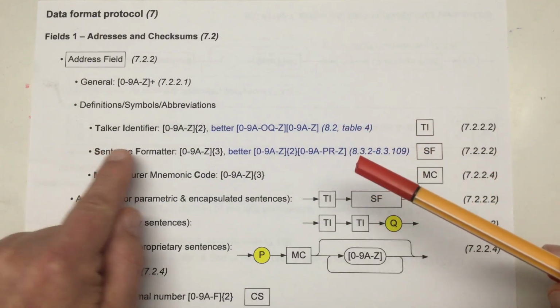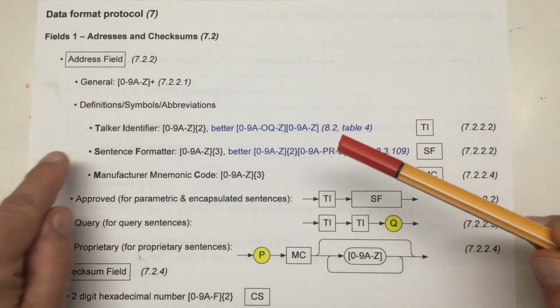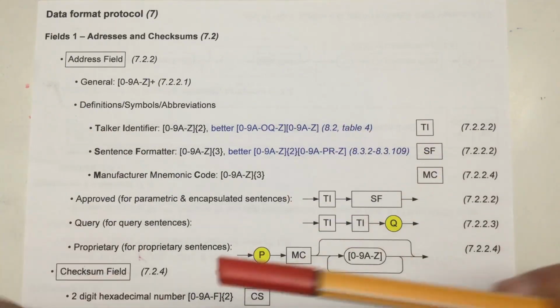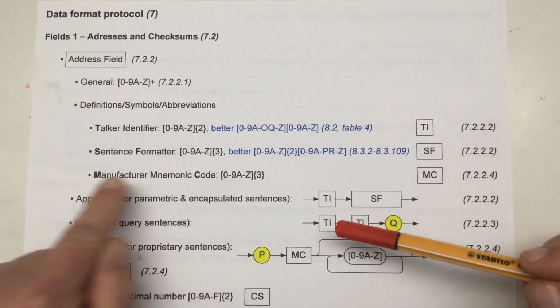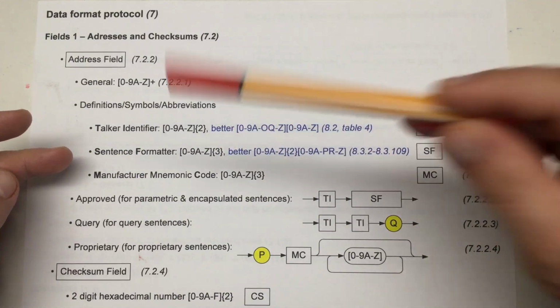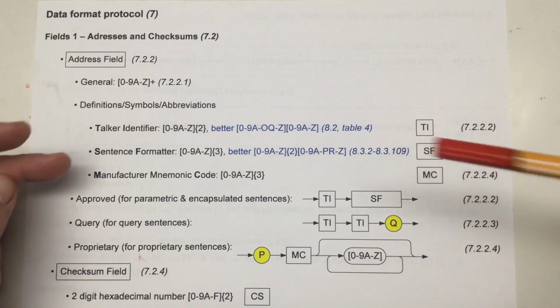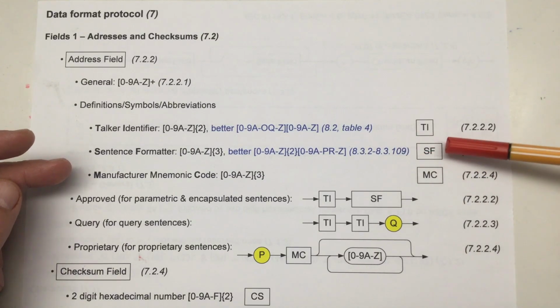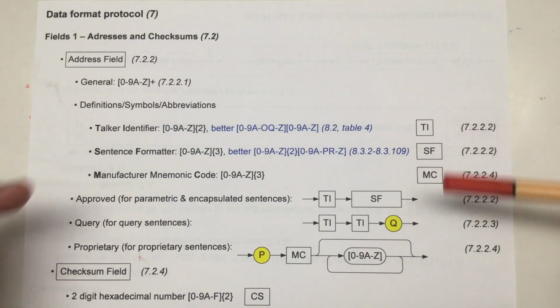Please note that one and the same talker hardware can use different talker identifiers in the sentences it sends out. Then we have sentence formatters inside the address fields, which are 3 characters, digits or uppercase letters. Please ignore again the blue stuff, and I'm using the abbreviation or symbol SF for them.